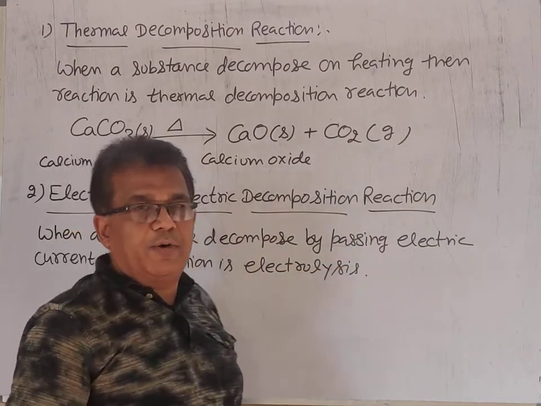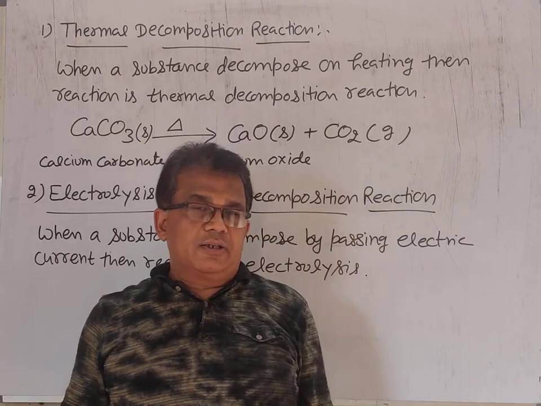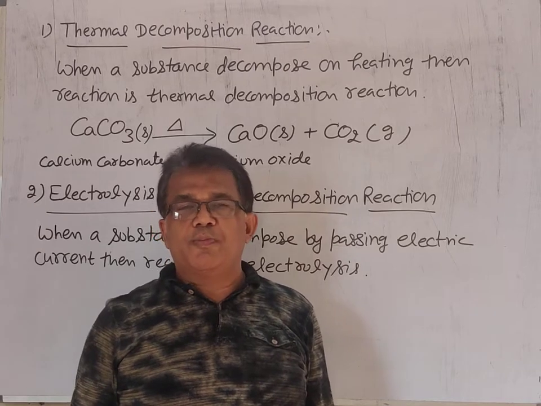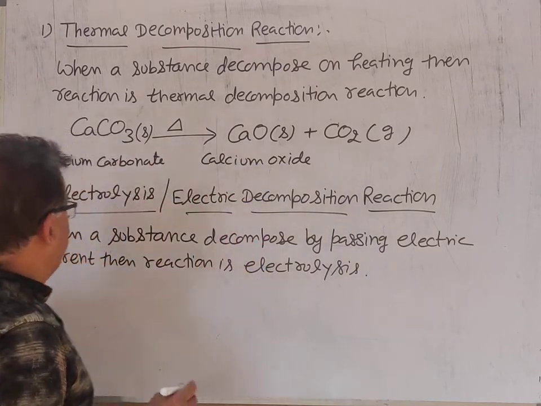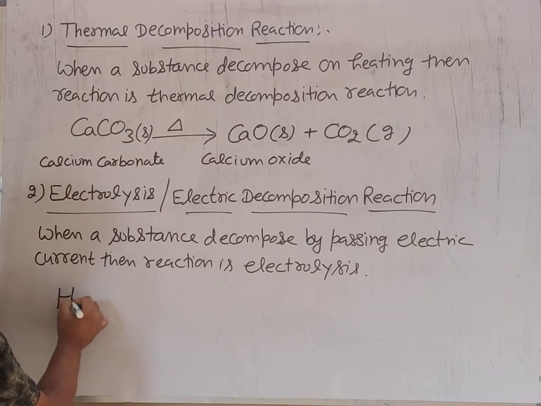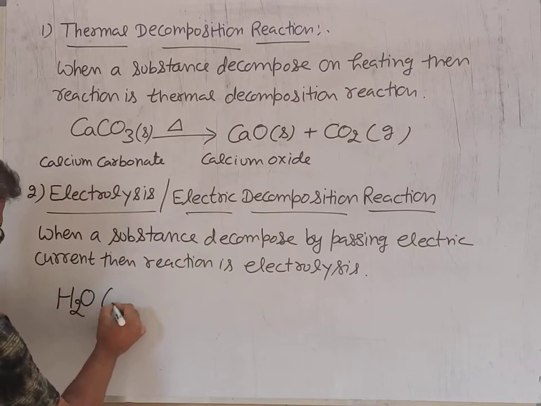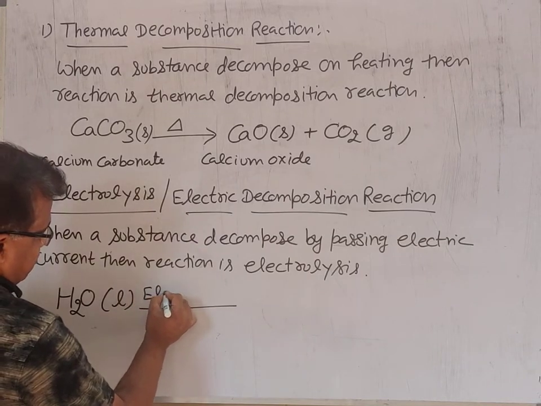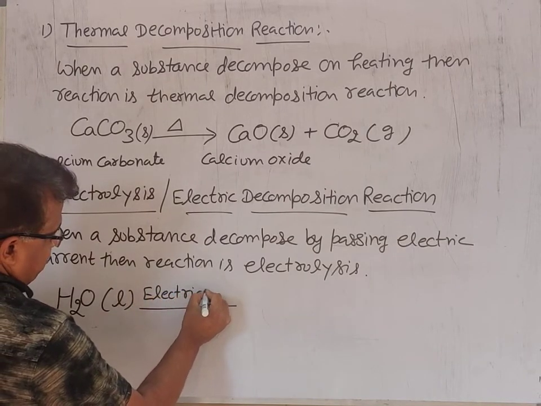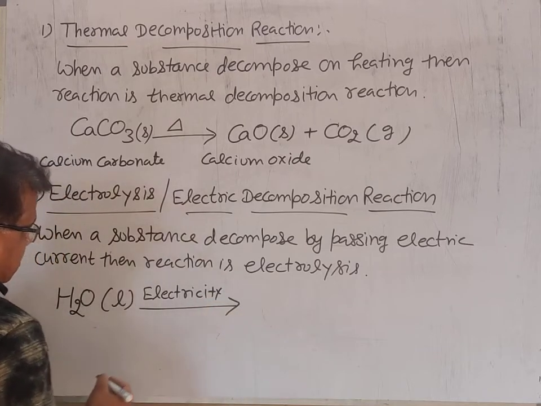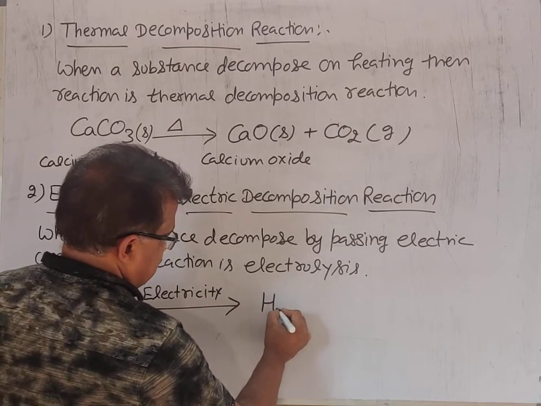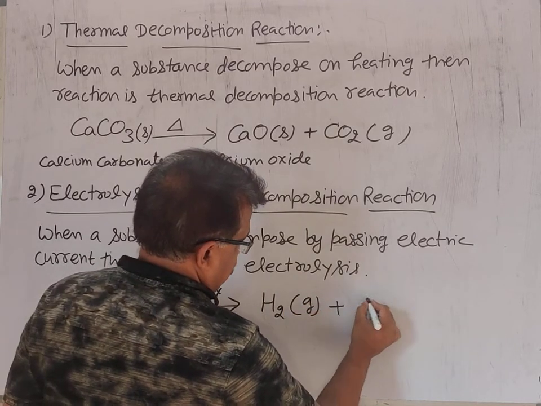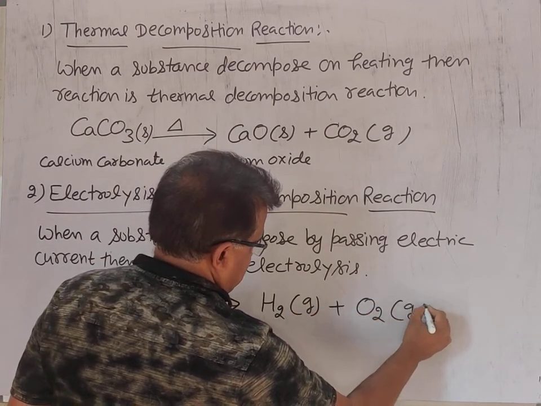The most common example of electrolysis is the breaking down of a water molecule on passing electric current. For example, water, which is a liquid, when electricity is passed, breaks into hydrogen, which is a gas, and oxygen, which is also a gas.